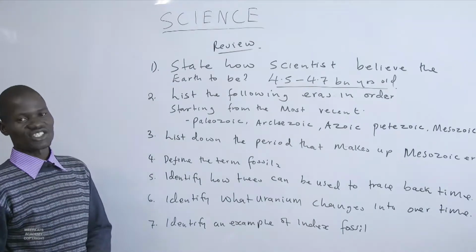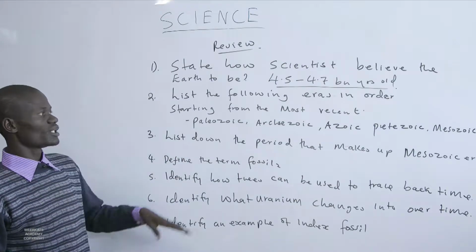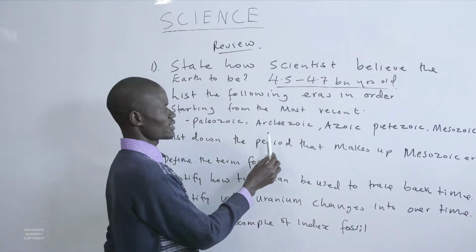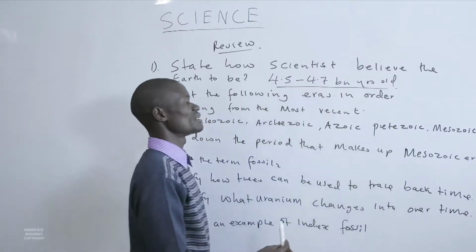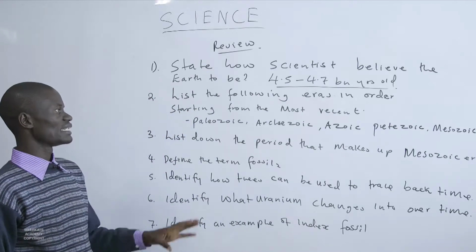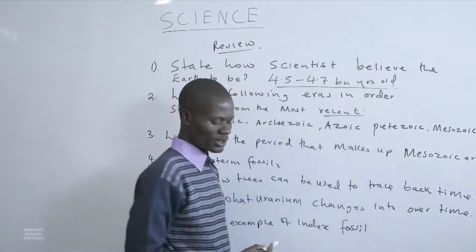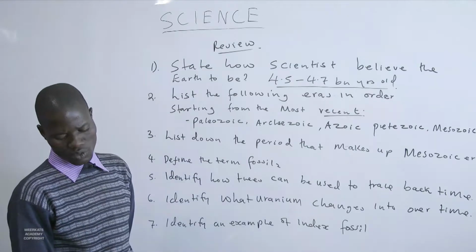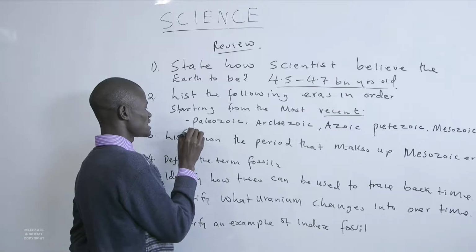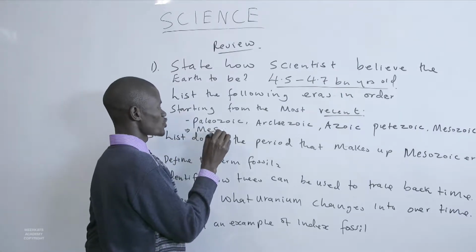List the following eras in order, starting from the most recent one. We have the Paleozoic, Archaeozoic, Azoic, Proterozoic and Mesozoic eras. When we list them in order, starting from the recent one, we have to begin with the Mesozoic era, because that looks like the most recent.